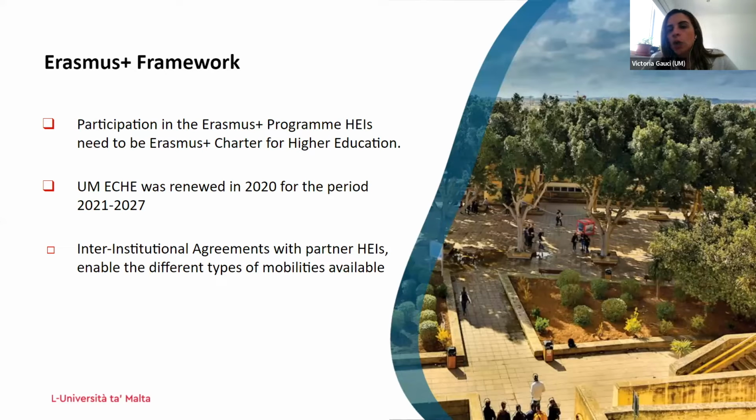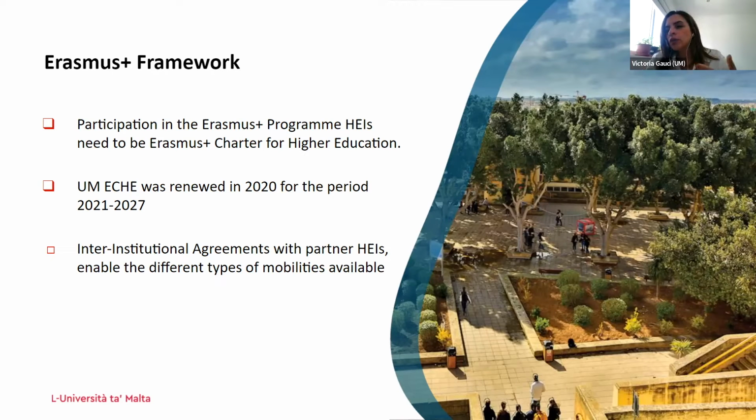Basically, the mobility component of Erasmus operates within a structure of interinstitutional agreements, within which the mobilities can take place, both for staff and also for students. So basically, the different partners agree to the number of students they would be exchanging, the specific areas.